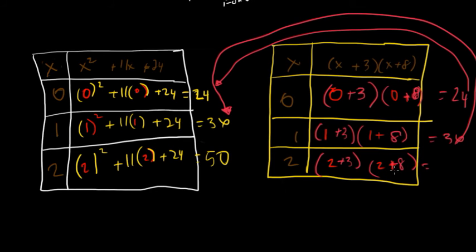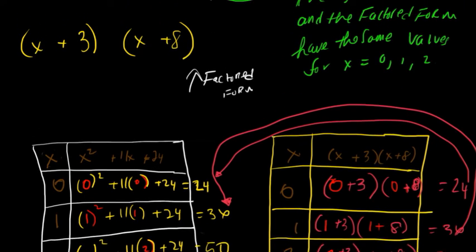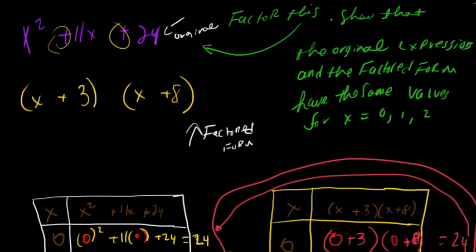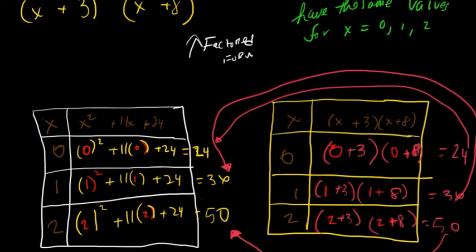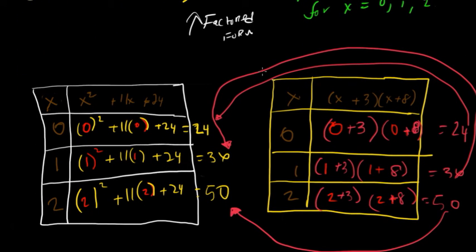So 5 times 10, and I get 50, which is the same thing that I have here. So since these values are the same, in our question here it said, factor this and show that the original expression and the factor form had the same values for x equals 0, 1, and 2. And we did show that they have the same values.